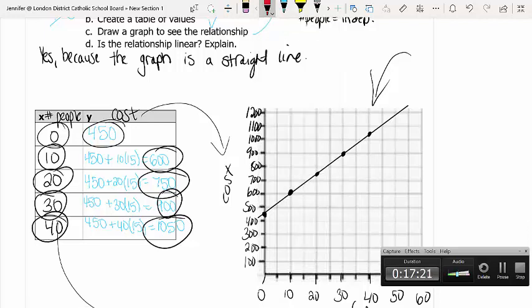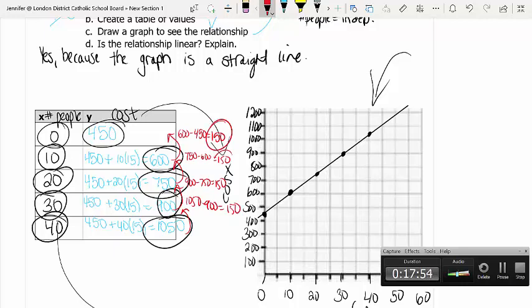So take our y values and subtract them. 600 minus 450 is 150. 750 minus 600 is another 150. 900 minus 750 is 150. And 1050 minus 900 is 150.